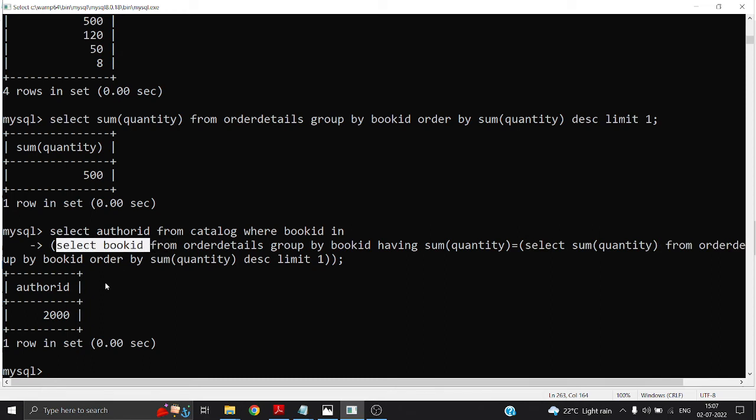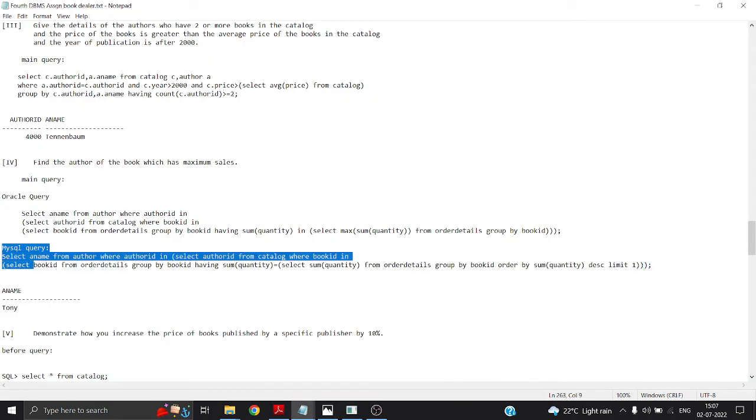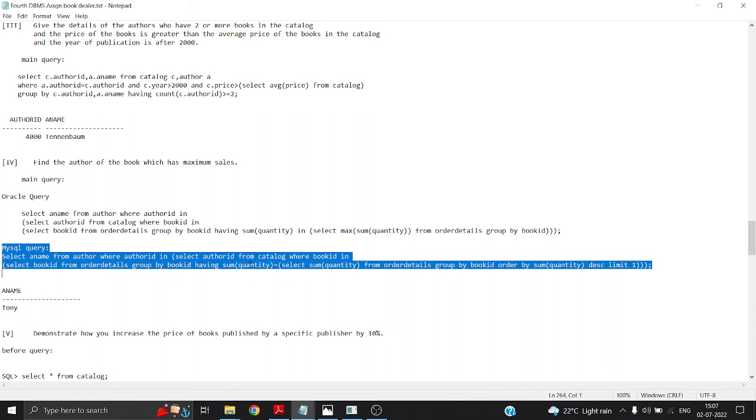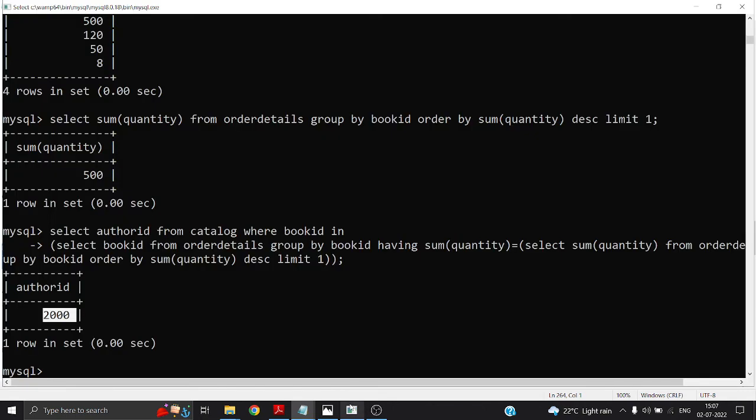After that we take the author ID information, and we get the output as 2000. In the same way, this part is extended to get the author name. Then we'll go with the last part of the query.